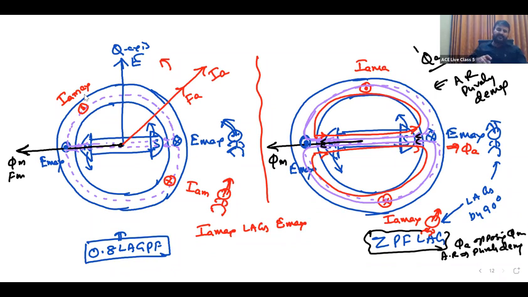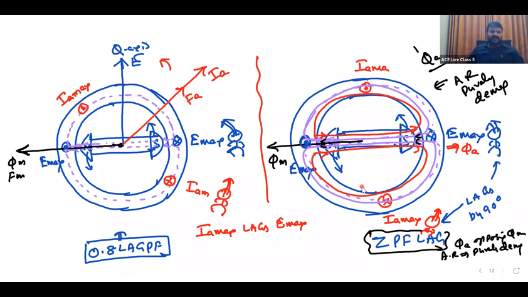If ZPF leading, this cross is going to move to here. This is the cross of the current and this is the dot of the current. Then, entering and leaving, the flux will be in the same direction. Aiding, purely magnetization. That is the physical diagram, exactly what will happen inside the machine.